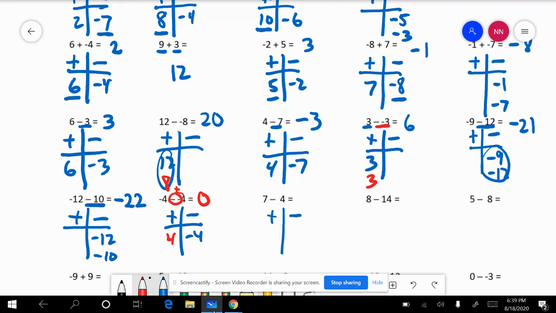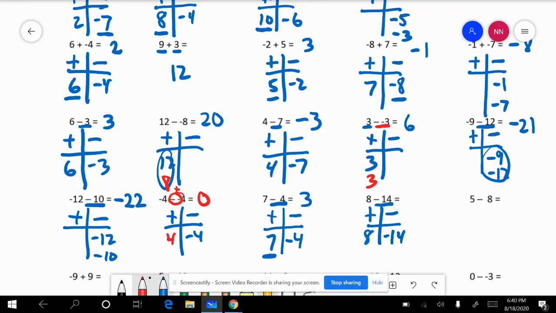For the next one, I have a positive 7. Remember, if we subtract 4, that's the same as a negative 4. Different sides. The larger one is positive, so my answer is positive. I have a positive 8. Subtract 14 is the same as a negative 14.